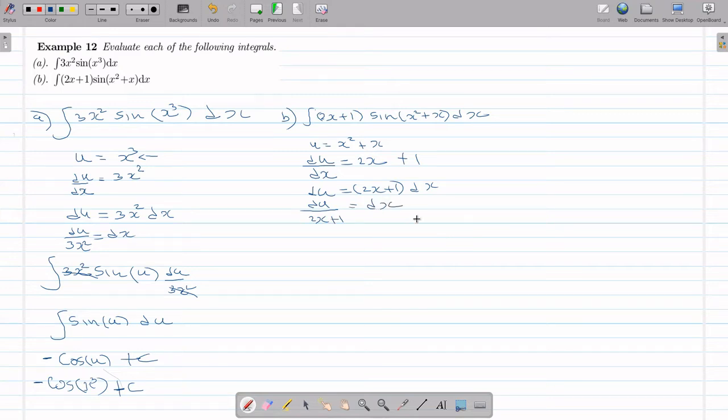Now I can plug in this 2x plus 1, I keep it here. du.